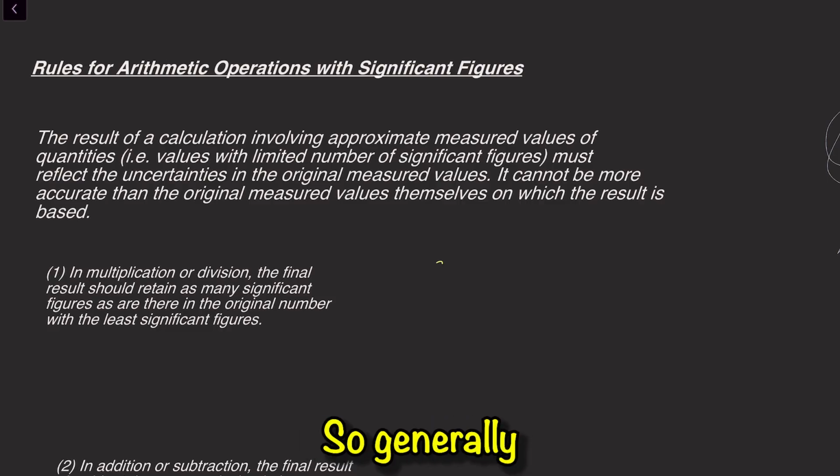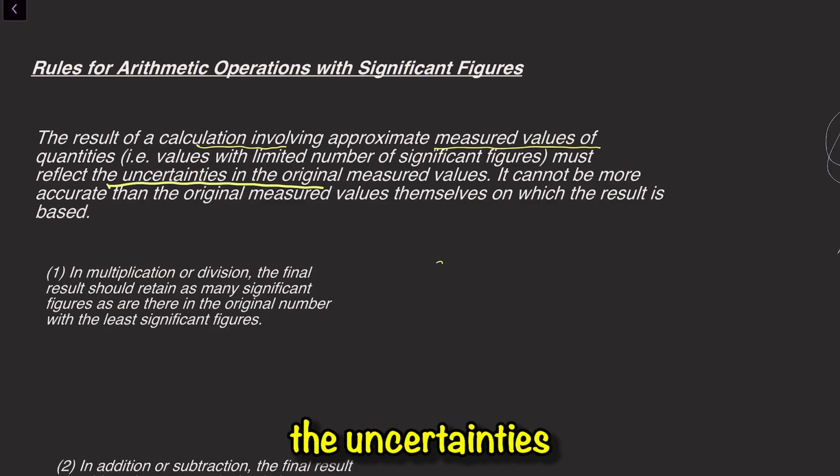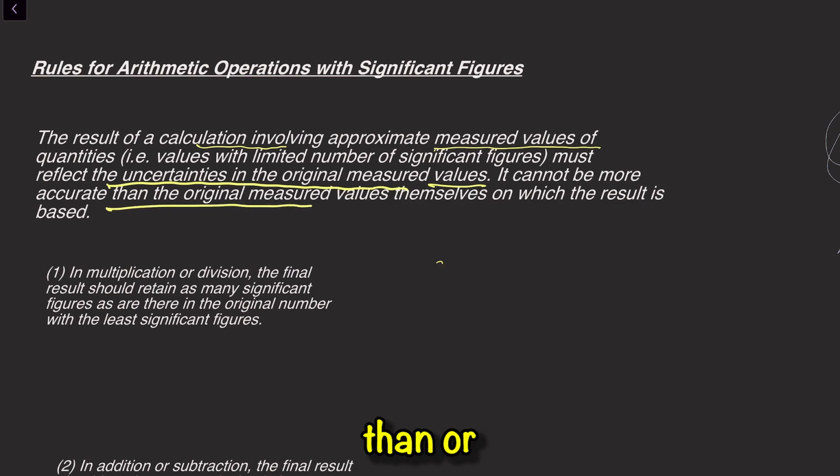Generally, the result of a calculation involving approximate measured values of quantities must reflect the uncertainties in the original measured values. It cannot be more accurate than the original measured value.